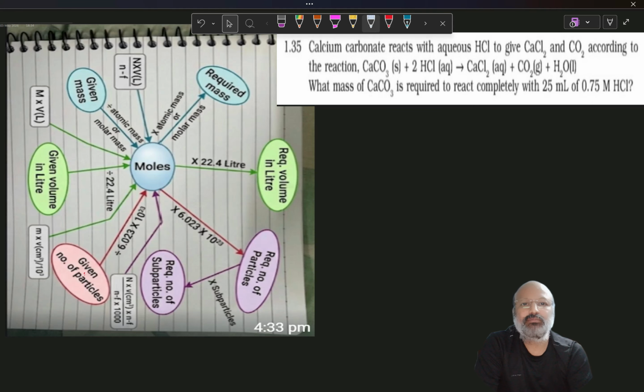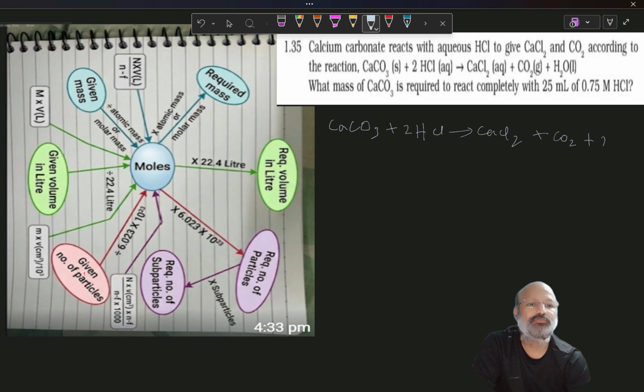So to do this sum, we need to write down the equation first. Calcium carbonate plus 2HCl giving calcium chloride plus CO2 plus H2O.